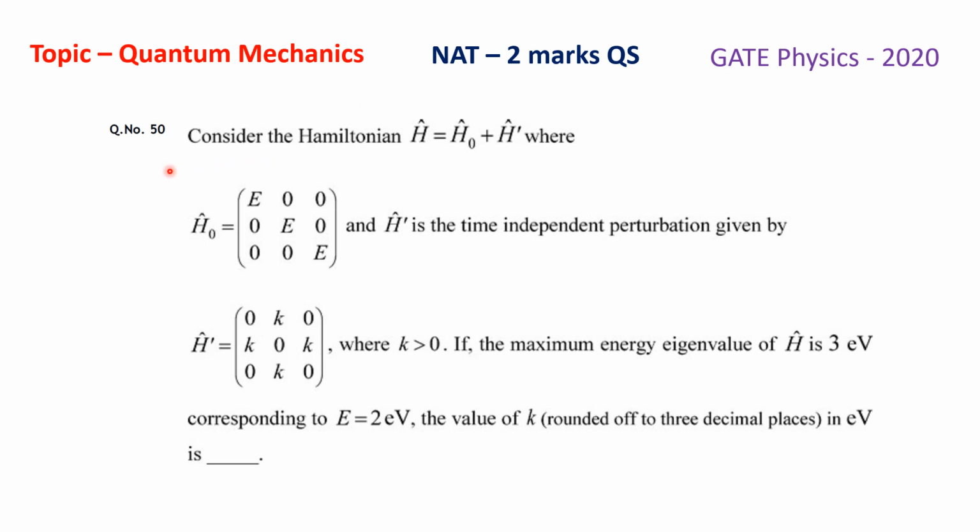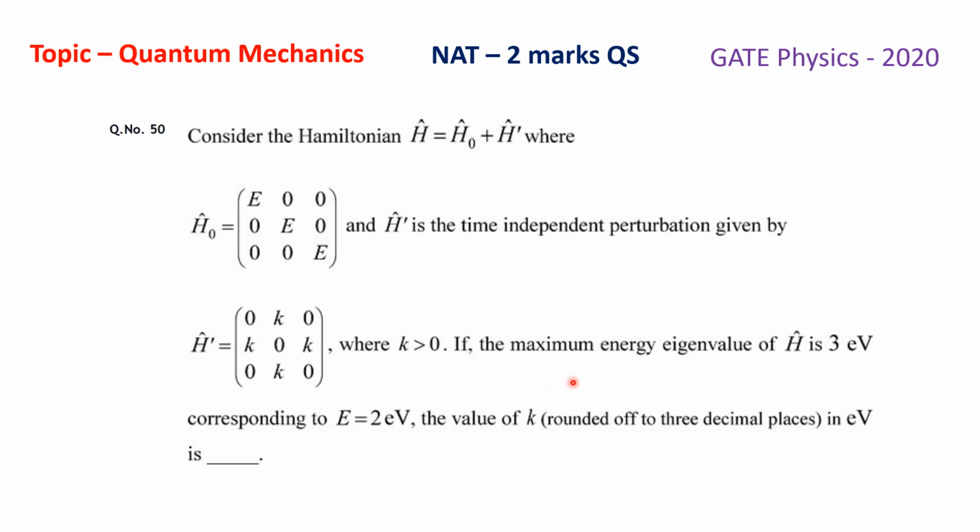The question is, consider the Hamiltonian h cap that is divided into two parts, equals h naught cap plus h dash cap, where h naught cap is the 3 cross 3 matrix E00, 0E0, 00E. So it is a diagonal matrix. And h dash cap is the time independent perturbation given by this 3 cross 3 matrix, that is 0k0, k0k and 0k0, where k is greater than 0.